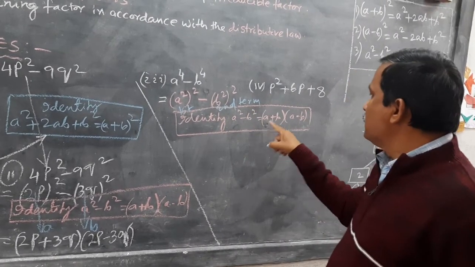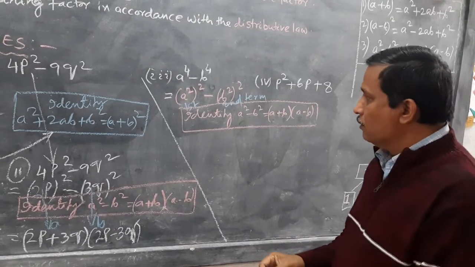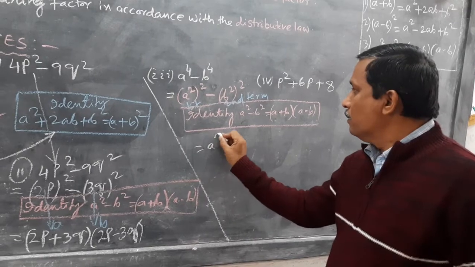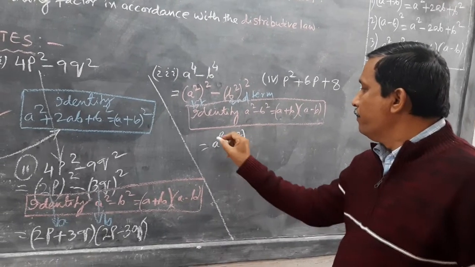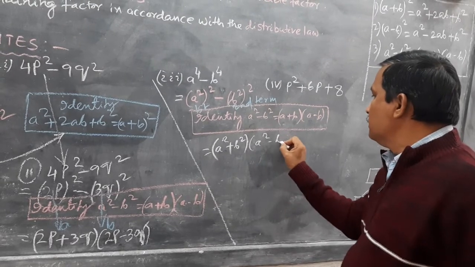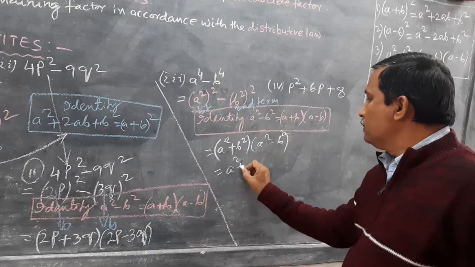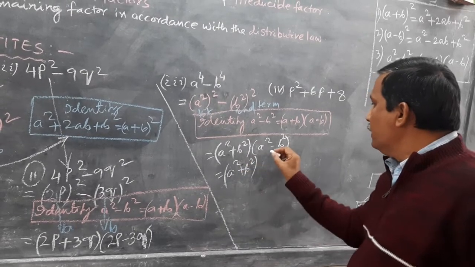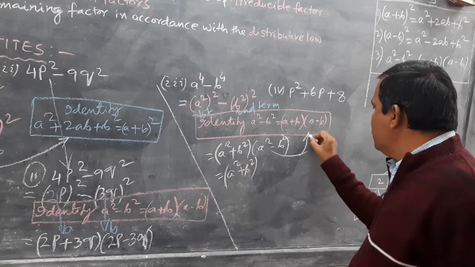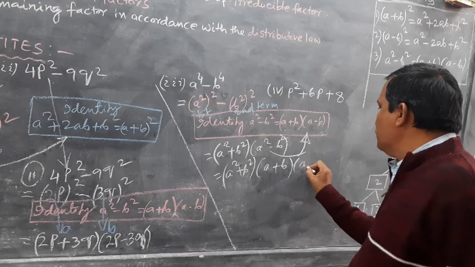So first term plus second term, whole into first term minus second term. So here (a square minus b square) and plus here, then (a square plus b square). Again, the identity is used on a square minus b square, so (a plus b) into (a minus b).